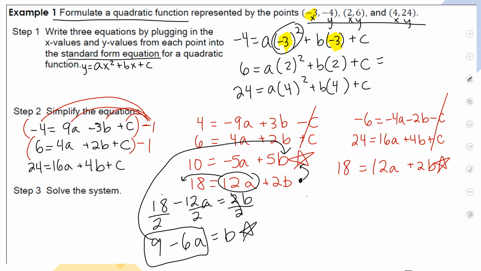Okay, so I have 10 equals negative 5a plus 5b. And instead of the variable b, I'm going to put in what b is equal to. b is equal to all of this right here. So I'm going to write that in here: 9 minus 6a. And now we're just going to do some algebra to solve for a.